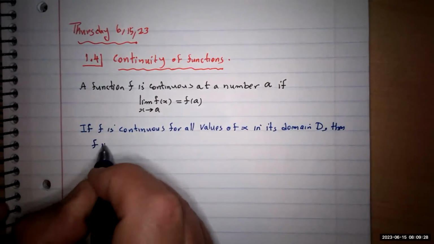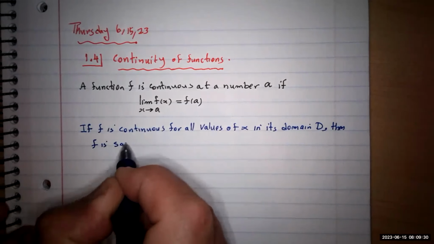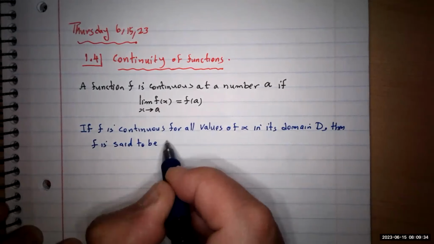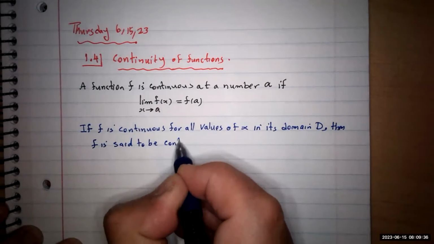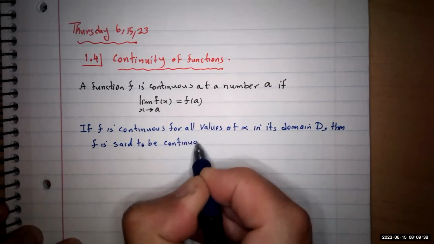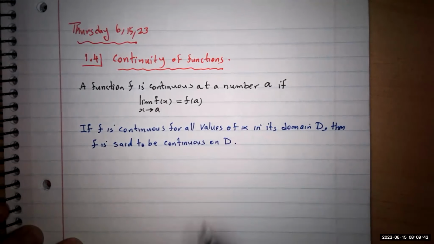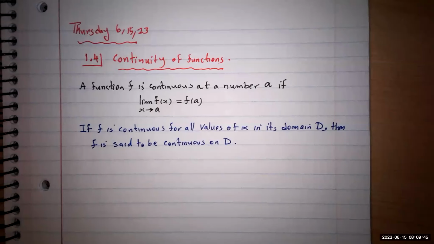Then f is said to be continuous on the domain D. So the first one would be continuity at one point. The second one would be continuity in the entire domain of the function.